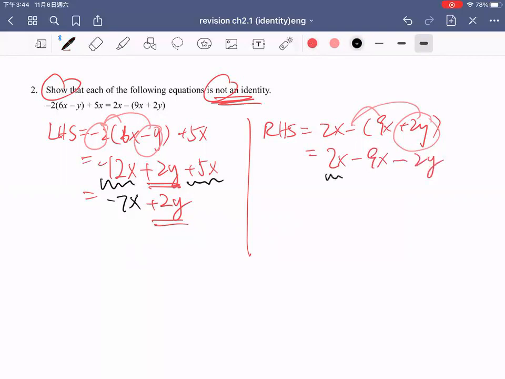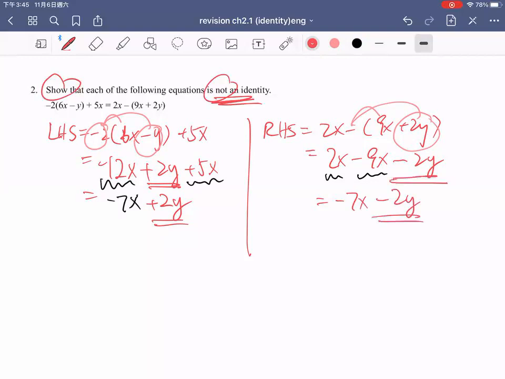Okay, again, we have two like terms, which are 2x and negative 9x. Of course, you can think or you can use a calculator, but I suggest you use a calculator. 2 minus 9 bracket x, you can just think of it. So which is negative 7x and negative 2y. Copy it. Remember, copy.